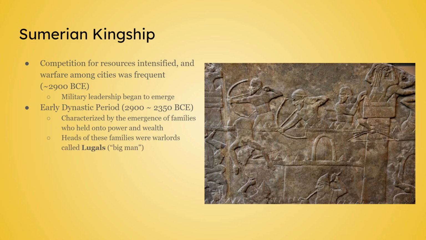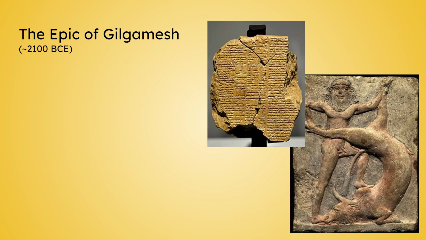And at the heads of these dynasties were these war heroes or warlords called Lugals, which in the Mesopotamian language is translated to big men or great men or powerful men. And the Lugals believed that their success in battle earned them the right to exploit the city's wealth.